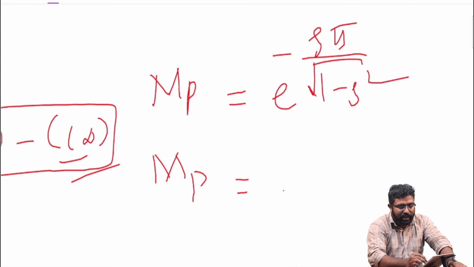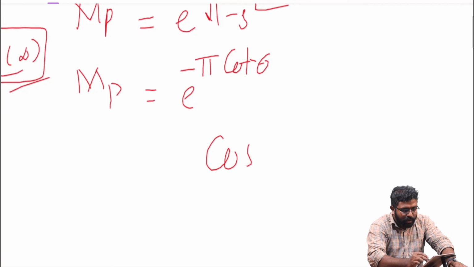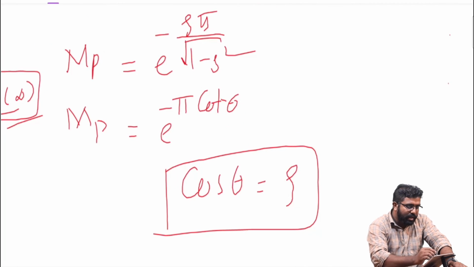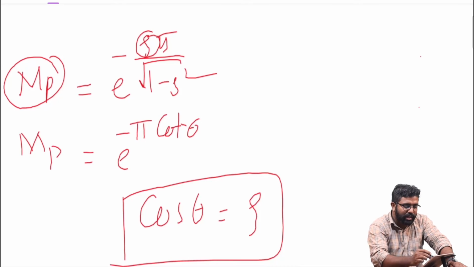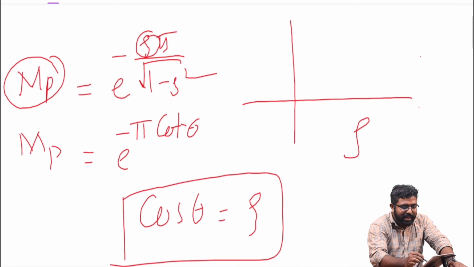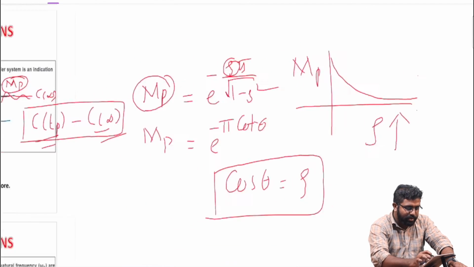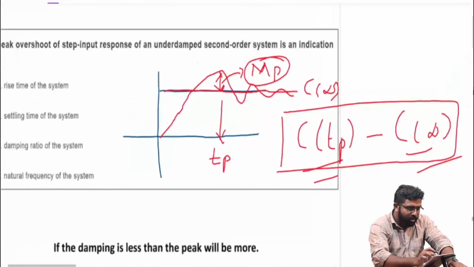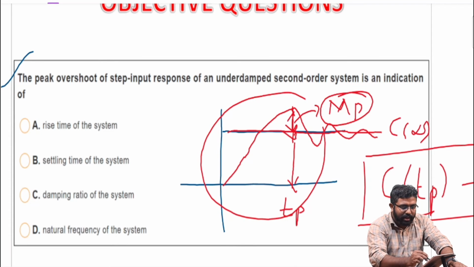Otherwise MP can be written as e raised to minus pi cot theta, where cos theta equals the damping ratio. So maximum peak overshoot depends upon the damping ratio in an exponentially decreasing manner. If you increase theta, MP will decrease. Maximum peak overshoot will reduce.